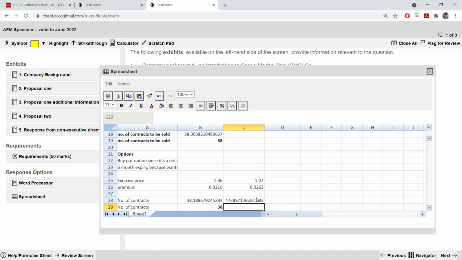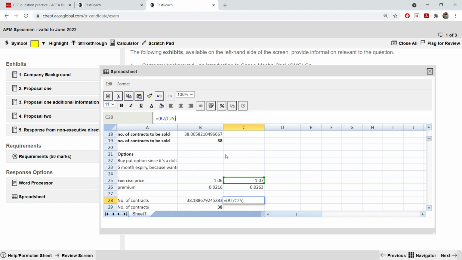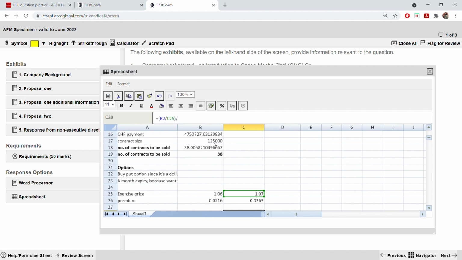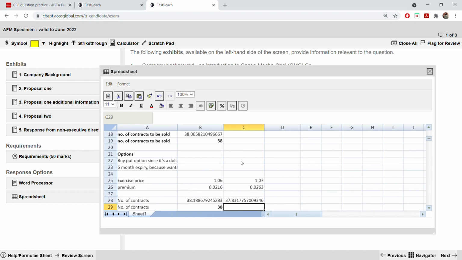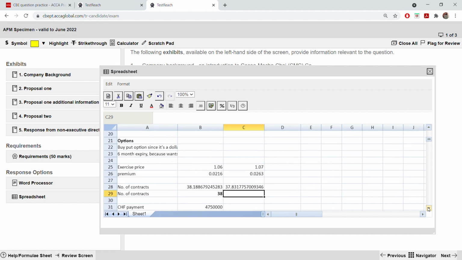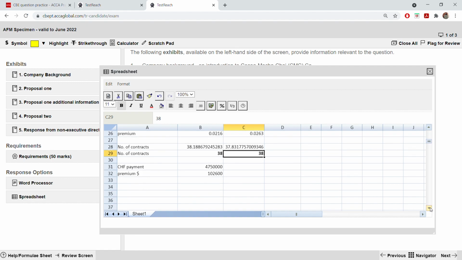Okay, I forgot to divide this by 125,000. So divide this further by 125,000. You see, it is 37.83 something. So we'll round it up and we'll use 38 contracts. That means here we are using more contracts than required. So it will be an over hedging.